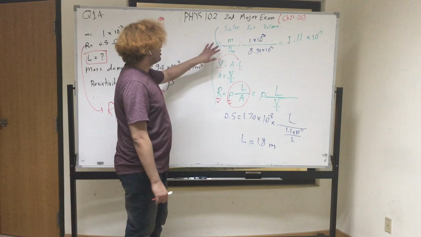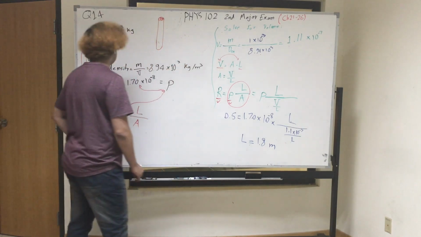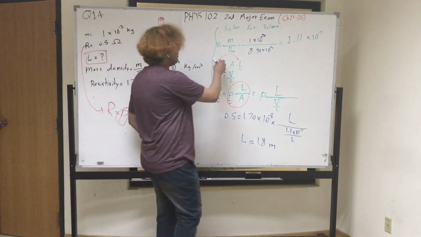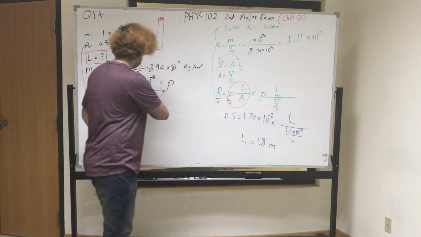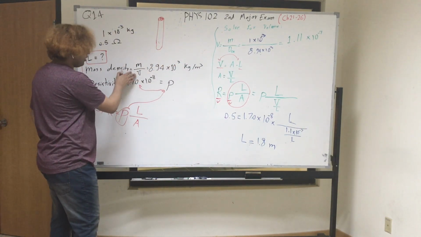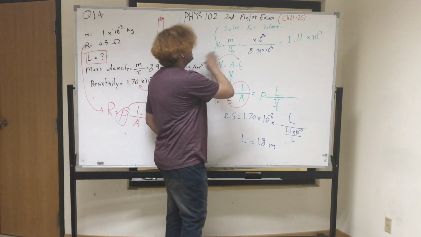To get the volume, we divide the mass by the density, because density is mass over volume.